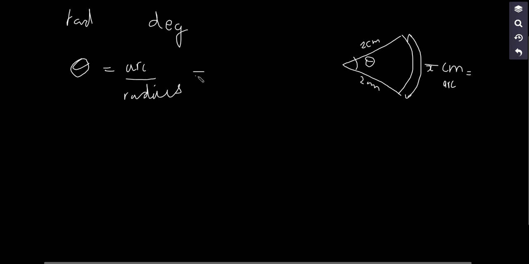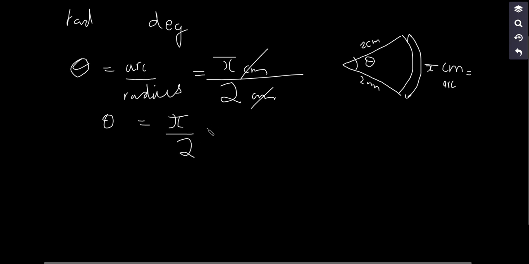Here arc is pi centimeter and 2 centimeter radius. Theta is equal to pi by 2 radian. Okay, we found the value of theta in pi by 2 in radians.